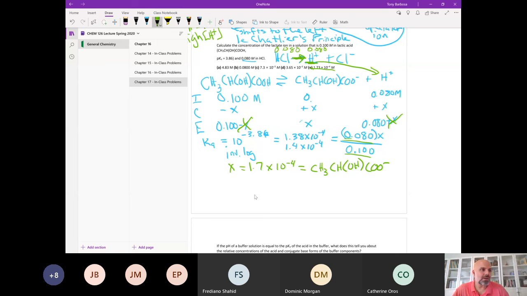So if you wanted to double check that the new concentration can be approximated as less than 5%, you would compare 0.1 molar or 0.080 molar. That's a good question. Let me think about it.